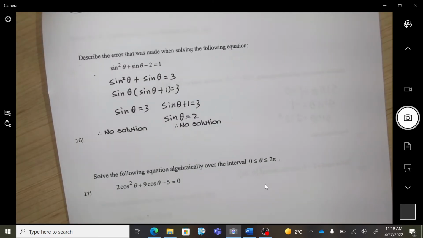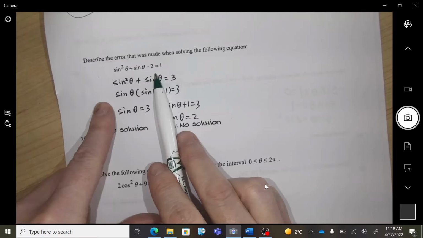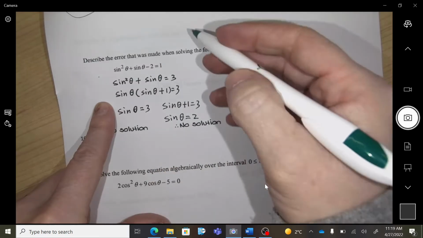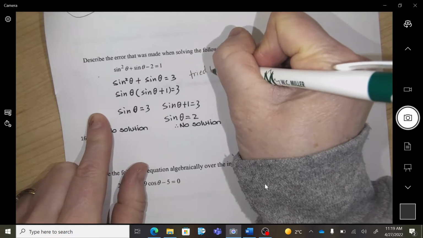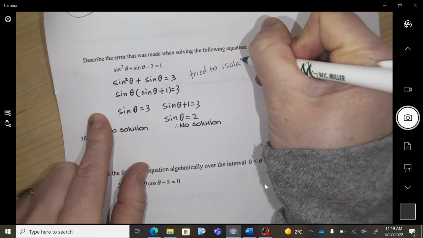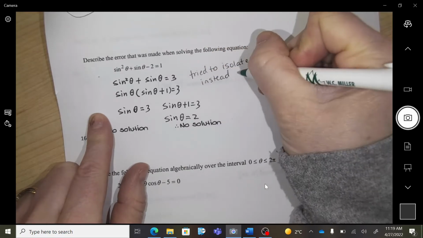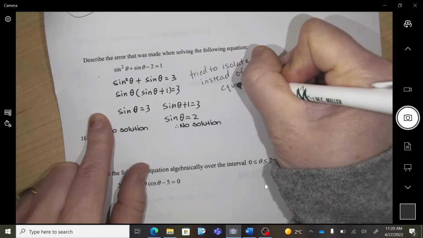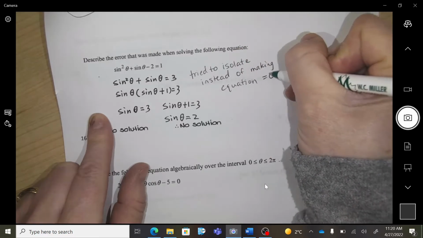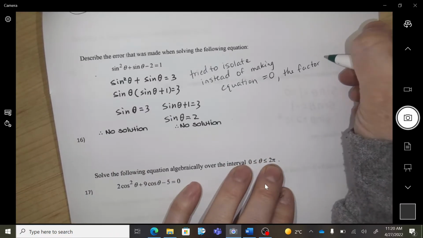Describe the error that was made when solving for the equation. Okay, so this algebra looks funny. So they tried to isolate instead of making the equation equal 0, then trying to factor or formula.